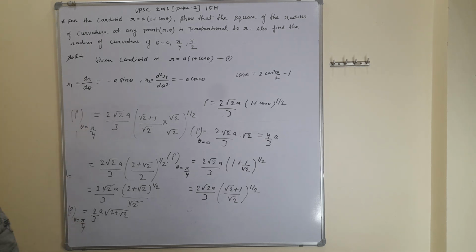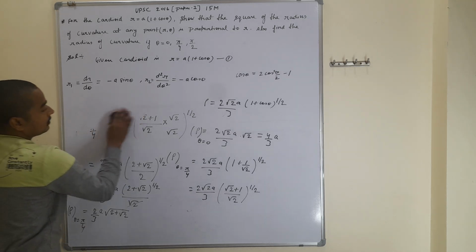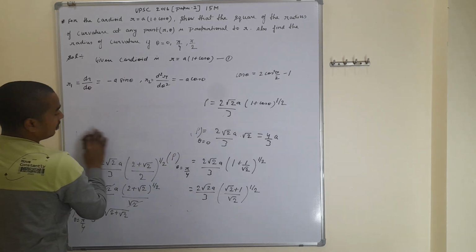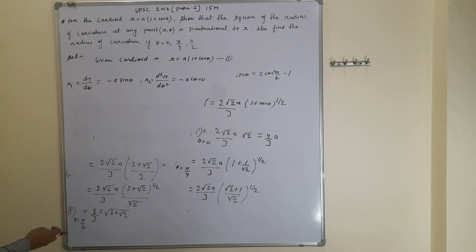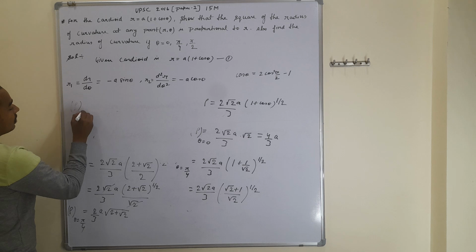And one more, we have to find radius of curvature at theta is equal to pi by 2. Once again, third is radius of curvature at theta is equal to pi by 2.